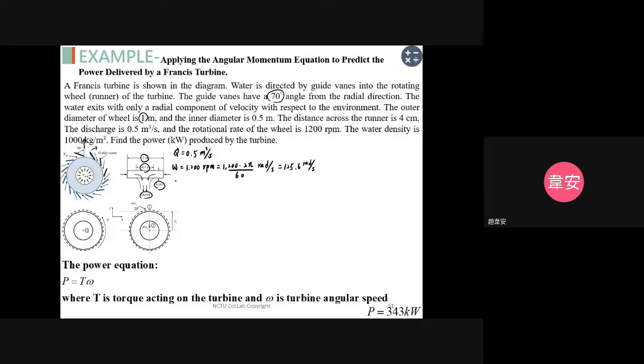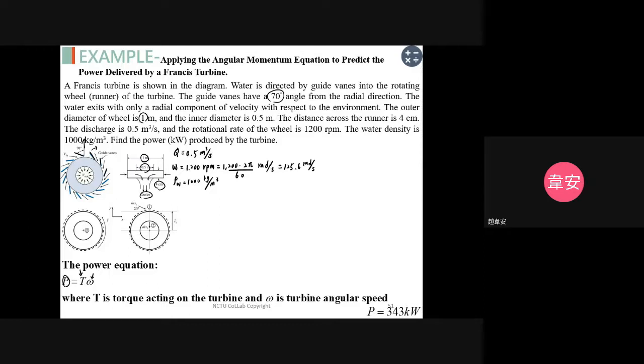And we know that the water density is 1000 kilograms per cubic meter. So please find the power in kW produced by the turbines. Based on the power equation, we have the moment T and the angular speed omega, and then we can have the power.